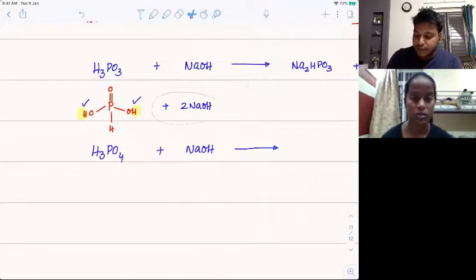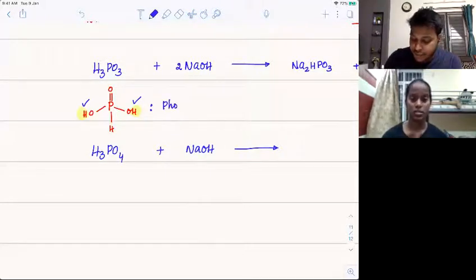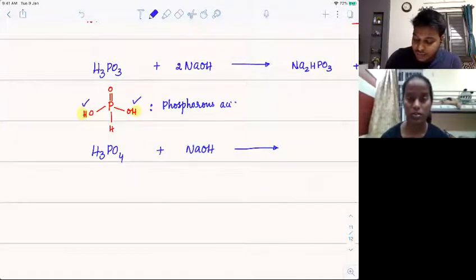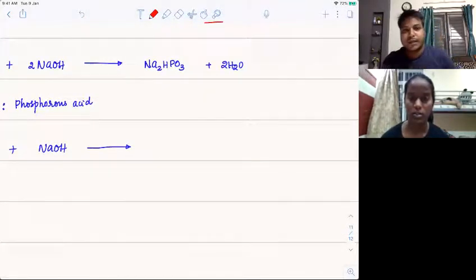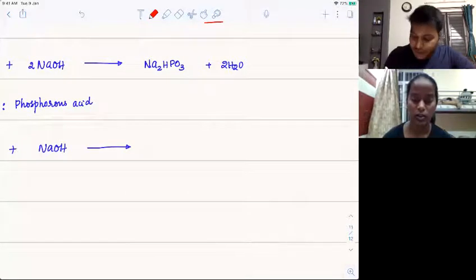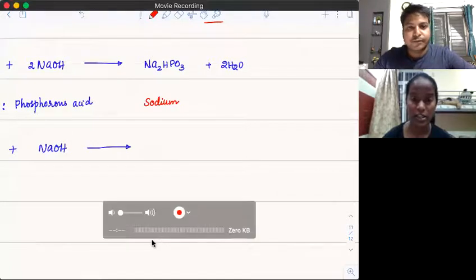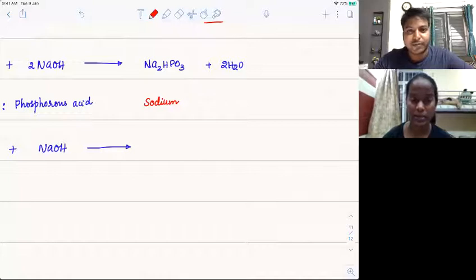Now let us recall what its name was. This name was phosphorus acid. Now we are trying to find out the respective salt. So this is sodium phosphite, because it is an ous acid, it would become ite.